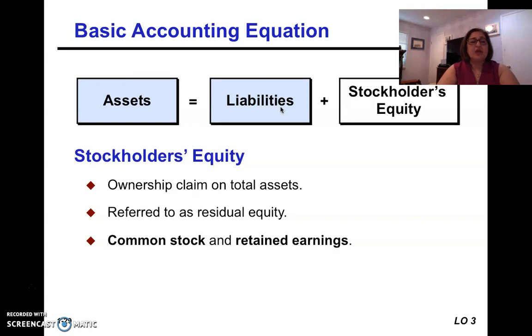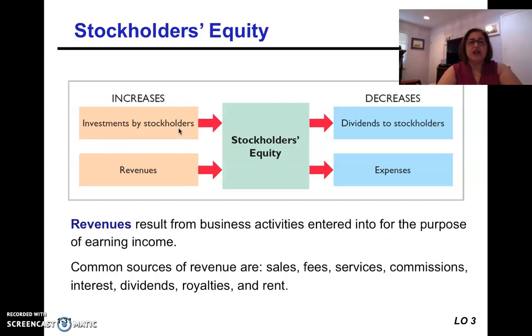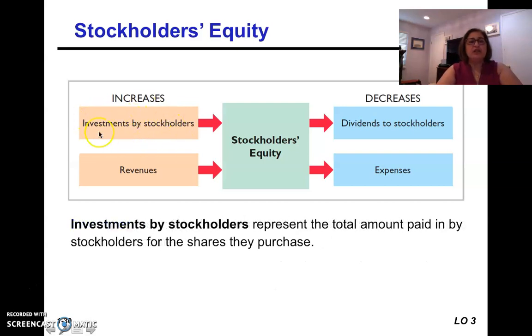Now, stockholders' equity has 5 components. The first component is investment by the stockholder, which we call common stock. Meaning whenever money comes into the business and it's coming from an owner, in exchange for that money, a piece of paper is given to the owner as evidence for their ownership.